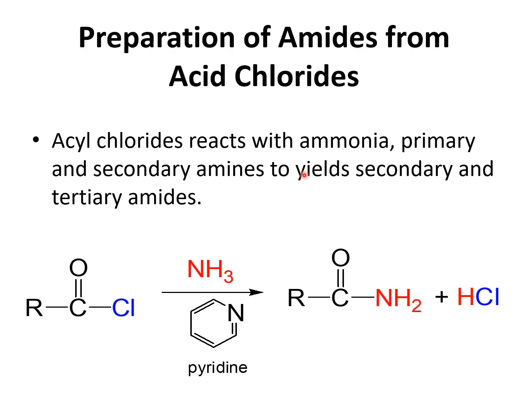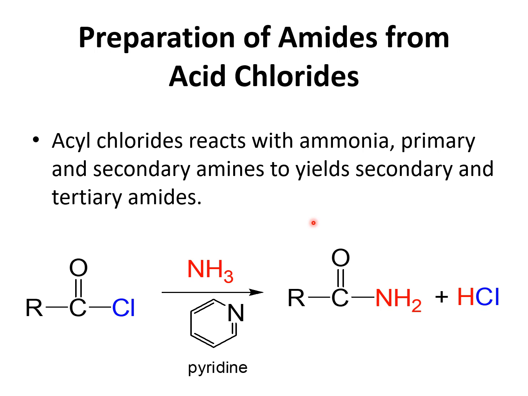That was the amide from carboxylic acid. Now, the second one is from acid chloride. From acid chloride, we can also generate amides. If you have acid chloride react with ammonia or primary or secondary amines, it will lead to amide. Do not concern yourself about whether it will yield a secondary or tertiary amide; you can identify it later.